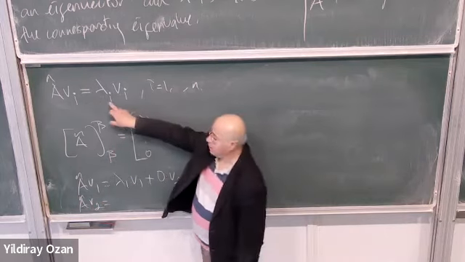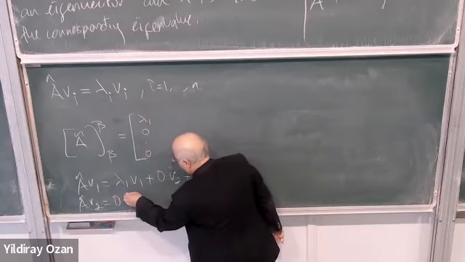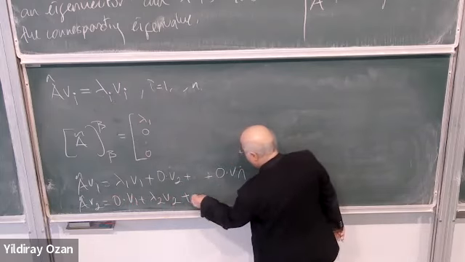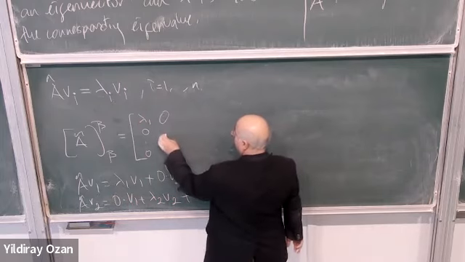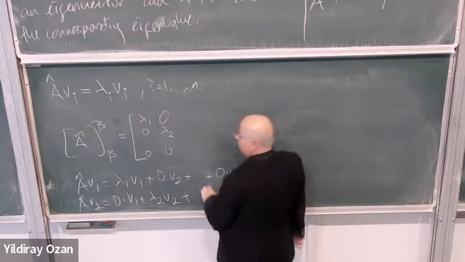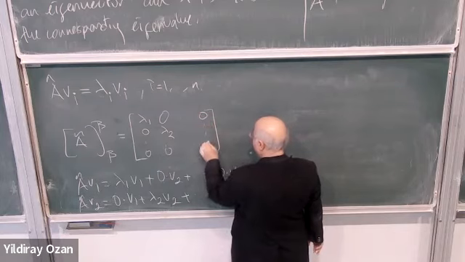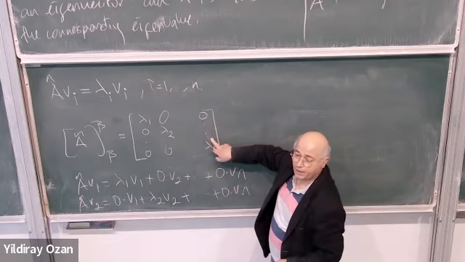Well, it is lambda 2 V2. So it is just 0 times V1 plus lambda 2 times V2 and then 0 times Vn. So the second column is 0, lambda 2, 0. And it will just continue like this. And the last column will be just 0, 0, 0 up to lambda n.